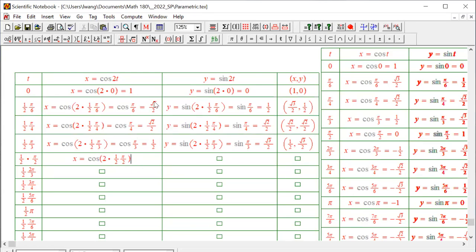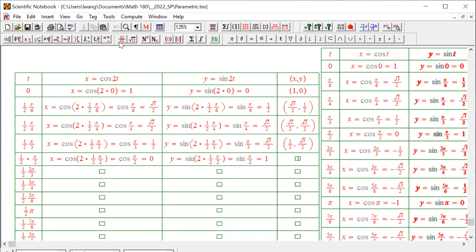So this is going to be cosine pi over 2, that equals 0. And the next one, y equals sine pi over 2, and that equals 1.